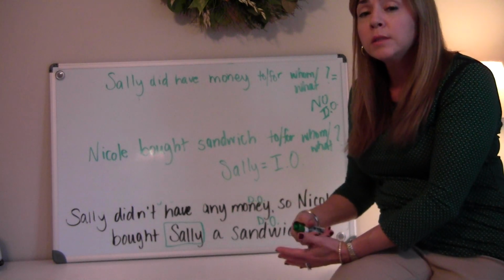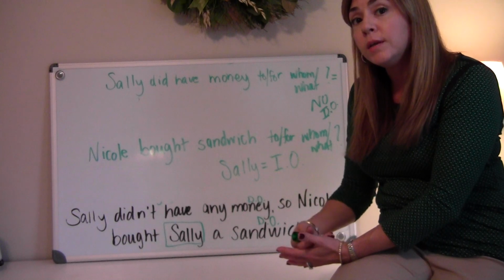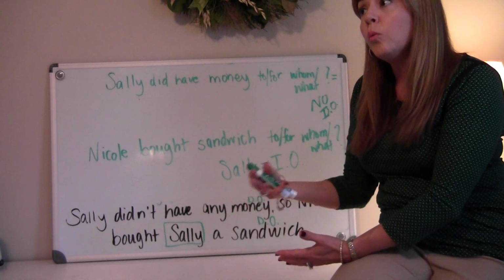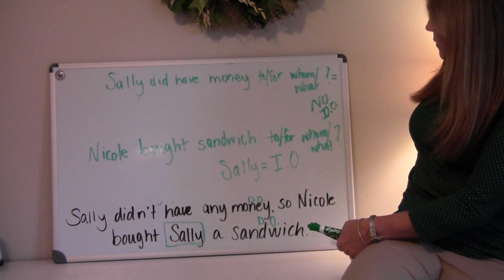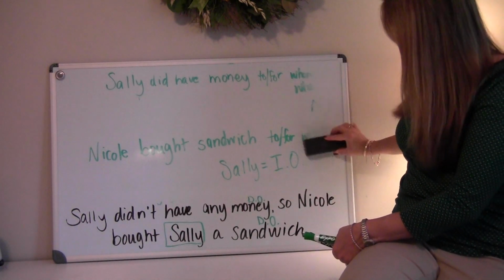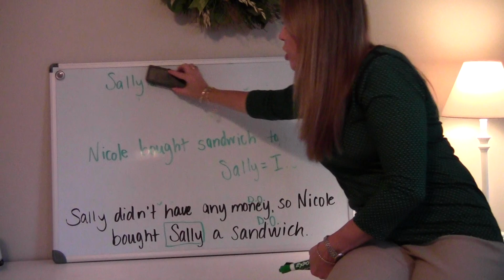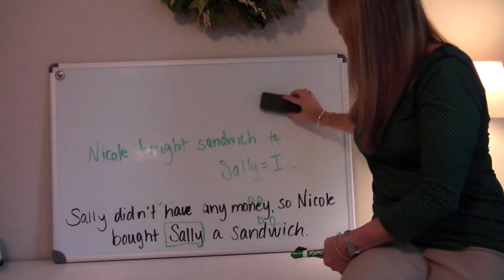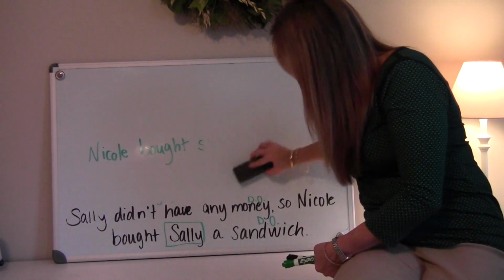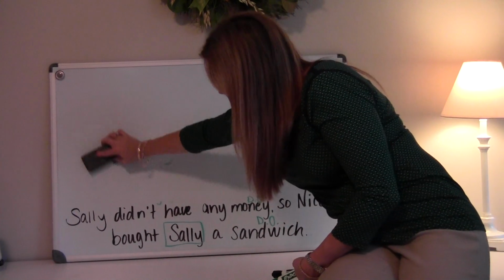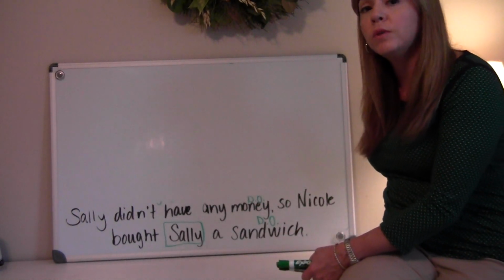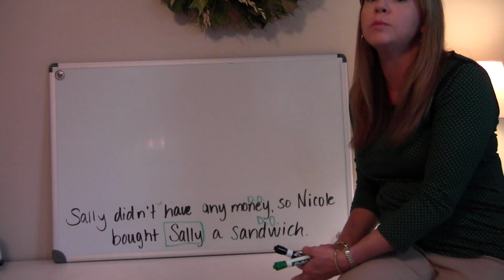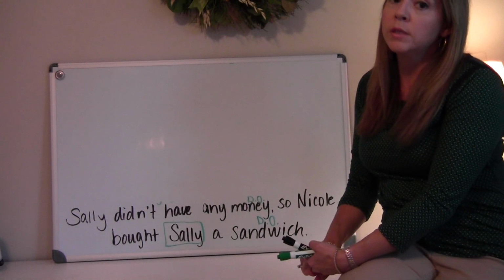And the indirect object receives or gets what the direct object gives. So that is a little review of direct object, noun position number 3, and indirect object, noun position number 4. We're going to take a look in the next video at our 5th noun position, which is coming up.